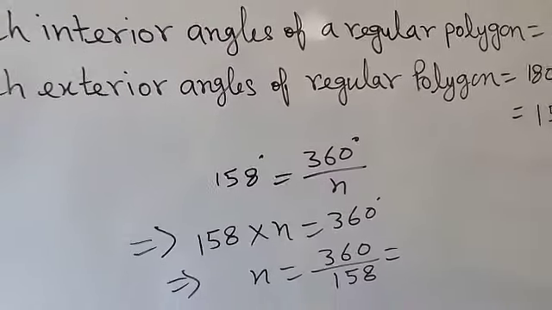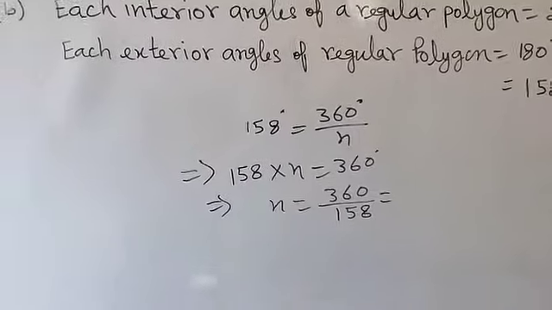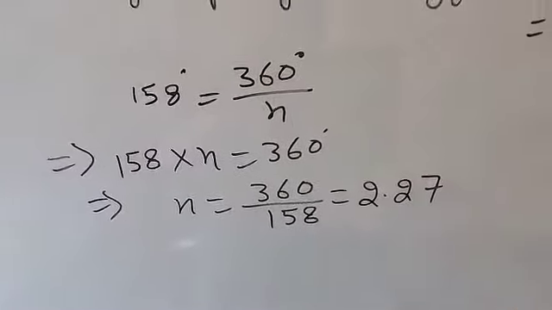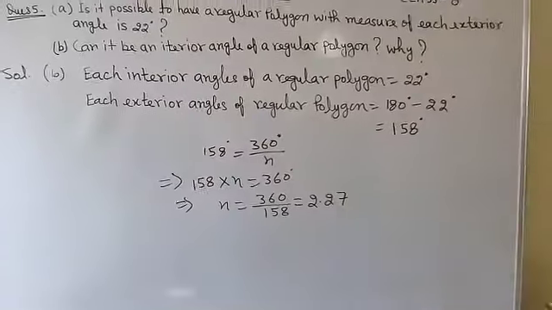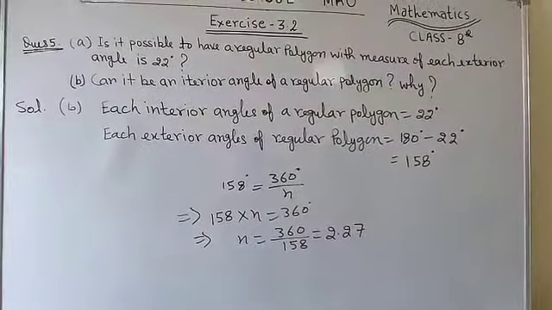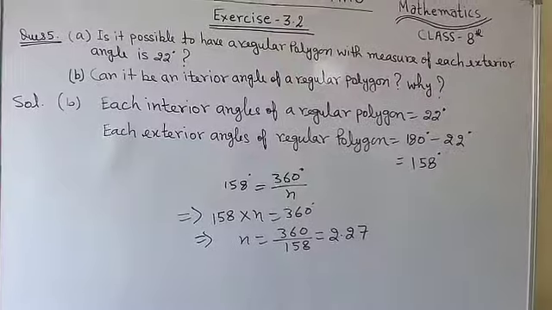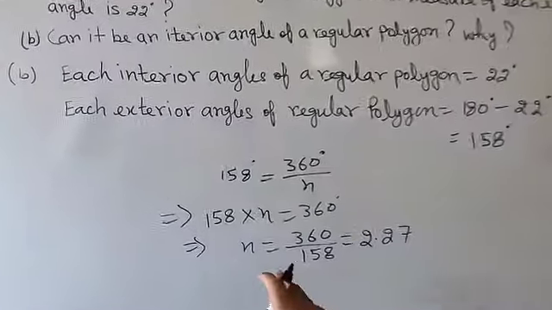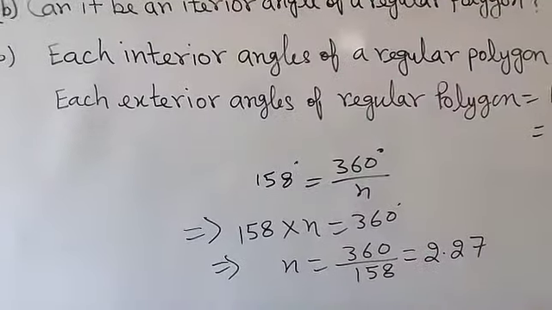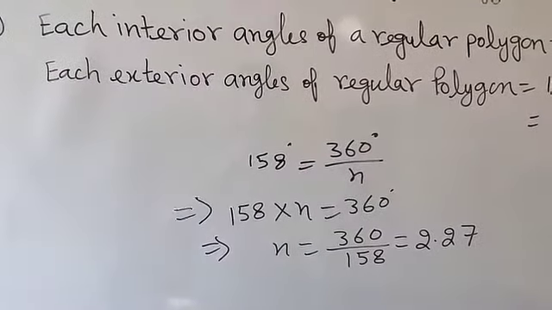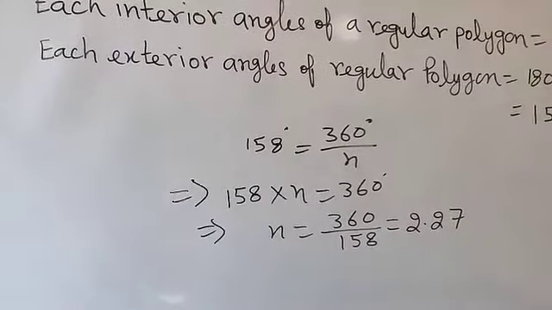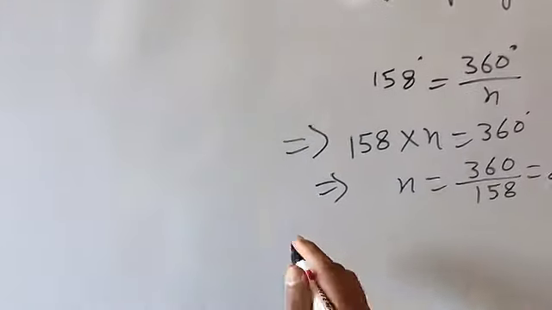If you divide it, it will be approximately 2.27. Again, the number of sides is a decimal, and you know that no polygon has a decimal number of sides. So that polygon is not possible.